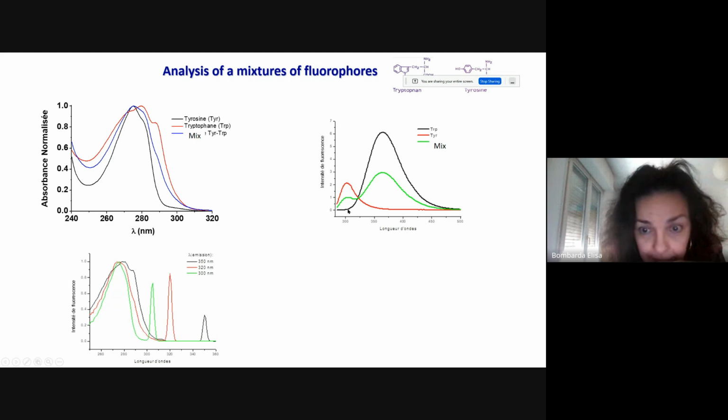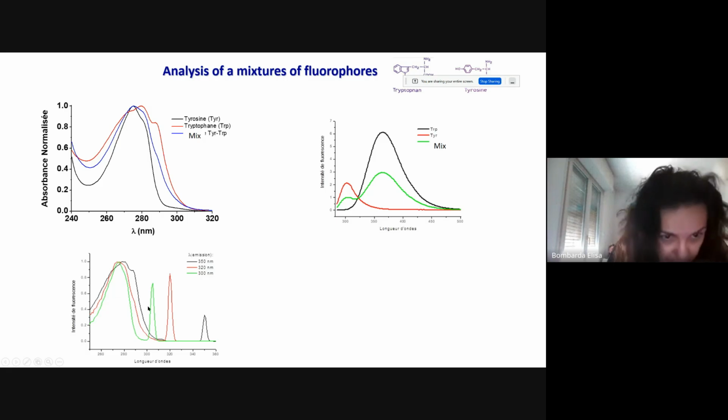Tryptophan doesn't emit, but tyrosine, yes. And in fact, what we see is that the one responsible for the emission at 300 is tyrosine. The spectra that I obtain is practically exactly the profile of the absorbance spectra of tyrosine.